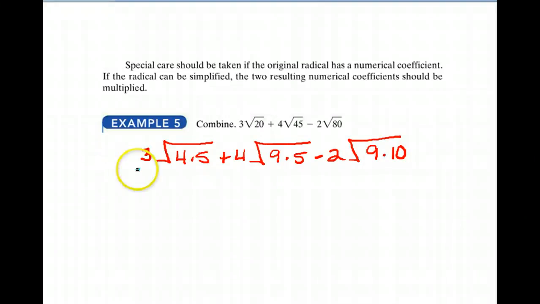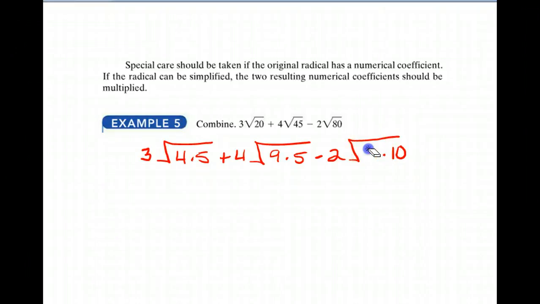All right. Now, as we're moving through here, I still feel like 80 can be broken down more. And it can. I knew that didn't look right to me.